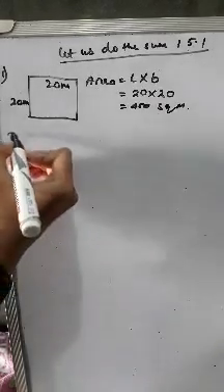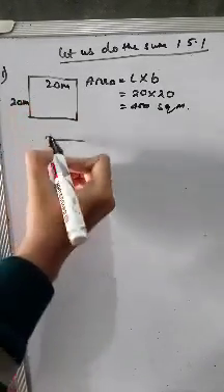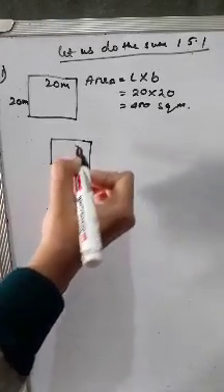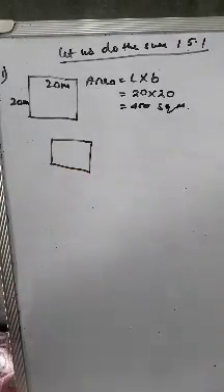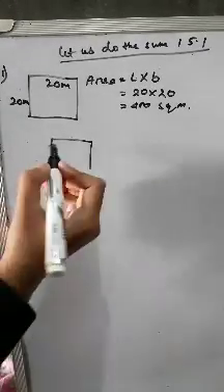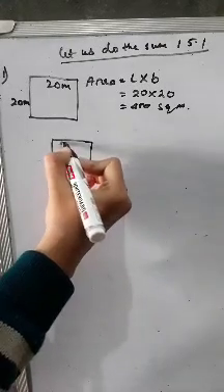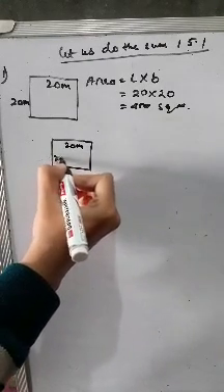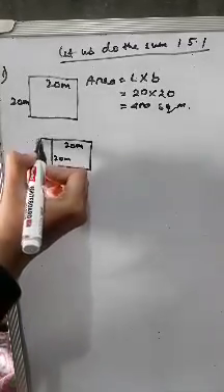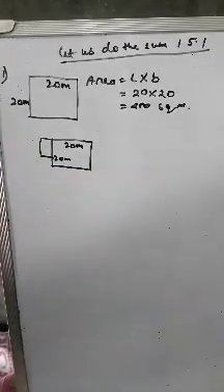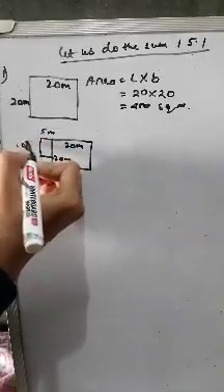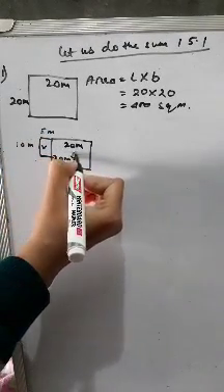I'm drawing the diagram here only. This was your first diagram. The second diagram, yes, this is your square, 20 meters, 20 meters, and see where is the position of the veranda, this small part. 5 meters, 10 meters, this is the veranda, this is the garden.